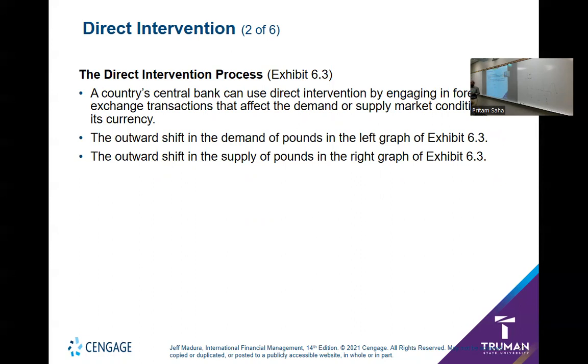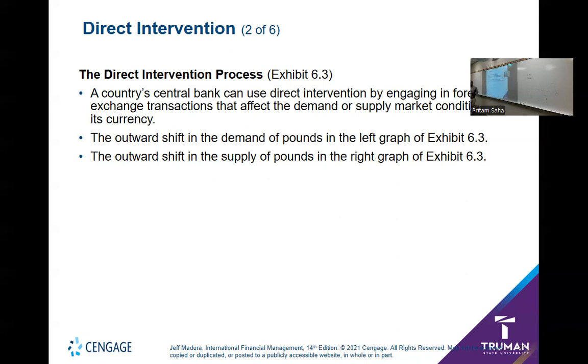And you also know that the exchange rate is determined by supply and demand in the foreign exchange market, right? Now let's say US government wants, let's say this is the relationship between pound versus dollar.